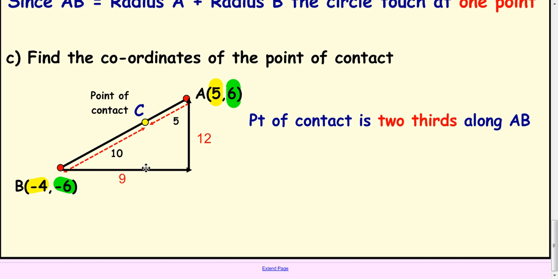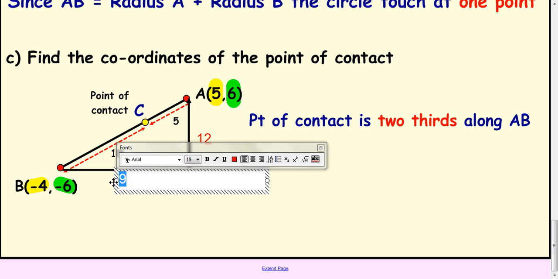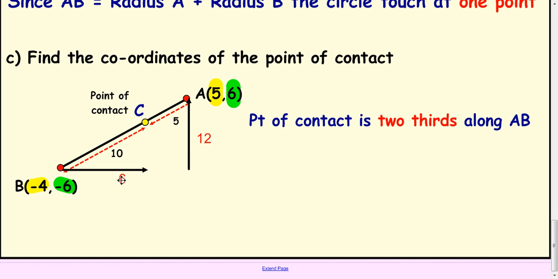So 2/3 of 9 is 6. So that journey is going to be 6 along. And 2/3 of 12, if you did 12 divided by 3, you get 4, and you double that, you get 8. So that's going to be 8 up.